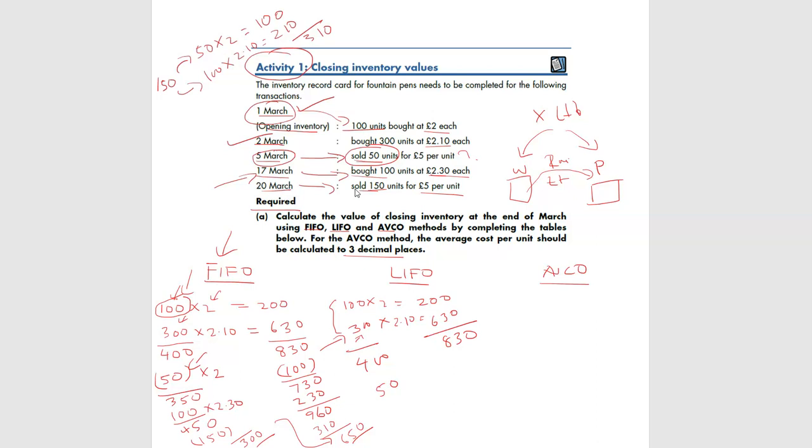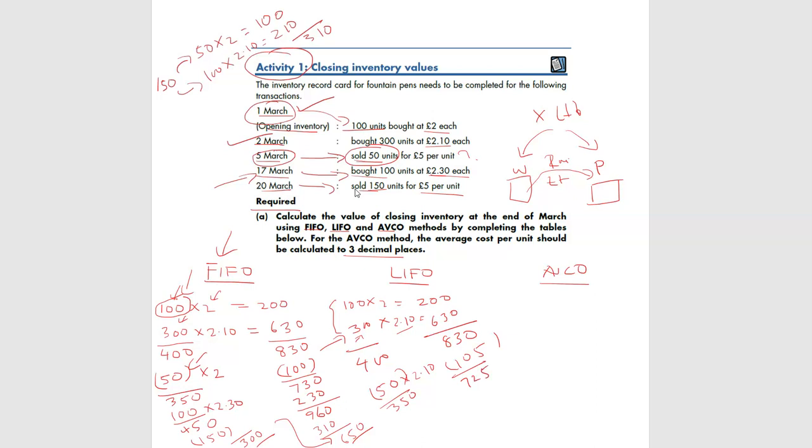So 50 times £2.10 gives me 105. So I have 350 left, and the value left is 830 minus 105, that should be 725.